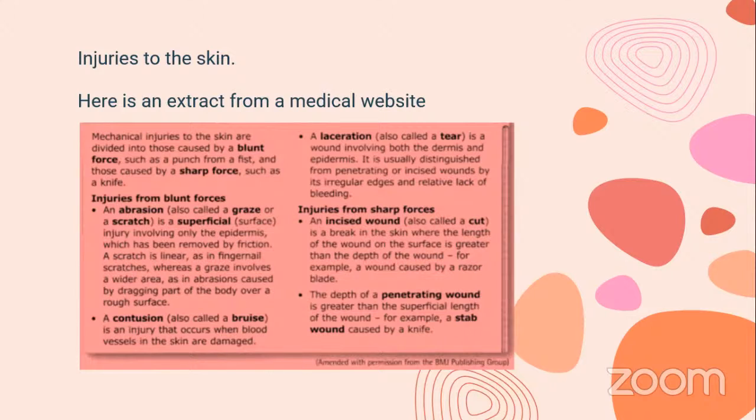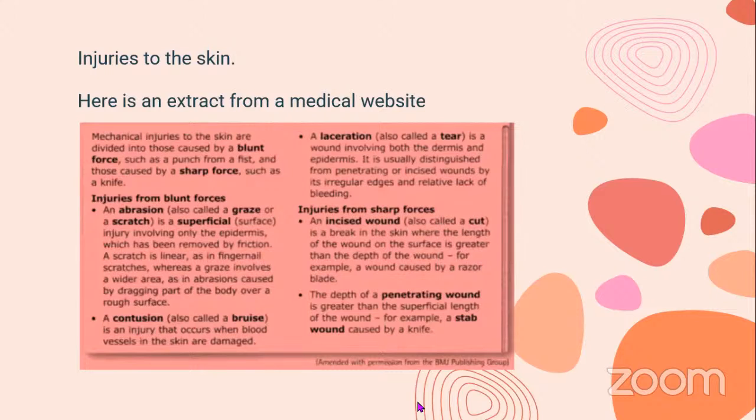Injuries from blunt forces. An abrasion, also called a graze or scratch, is a superficial injury involving only the epidermis, which has been removed by friction.